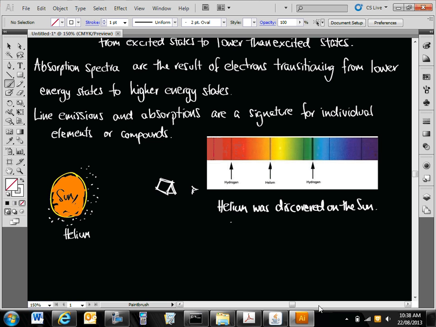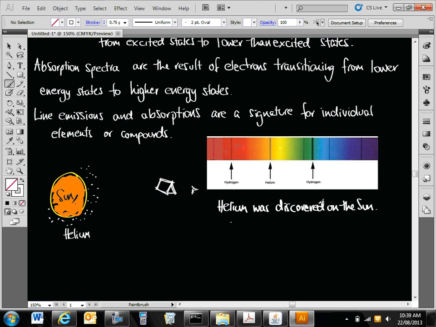Now, that doesn't mean that helium is orange. Instead of saying that helium is orange, which is just not true, you could say something else, Matthew. What would you say? Yes, that's good.